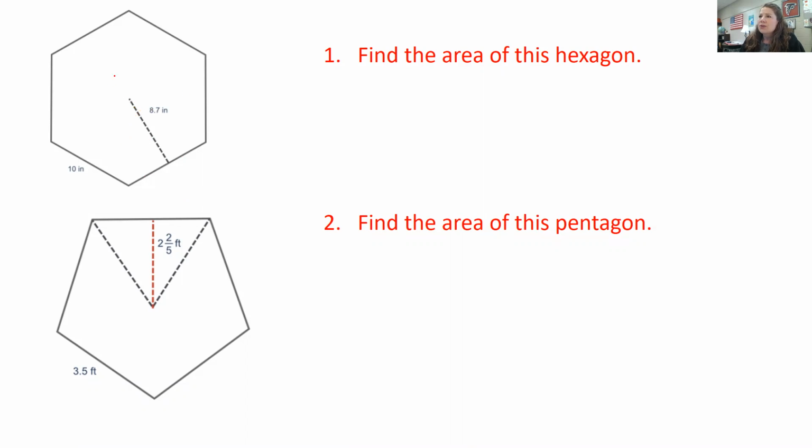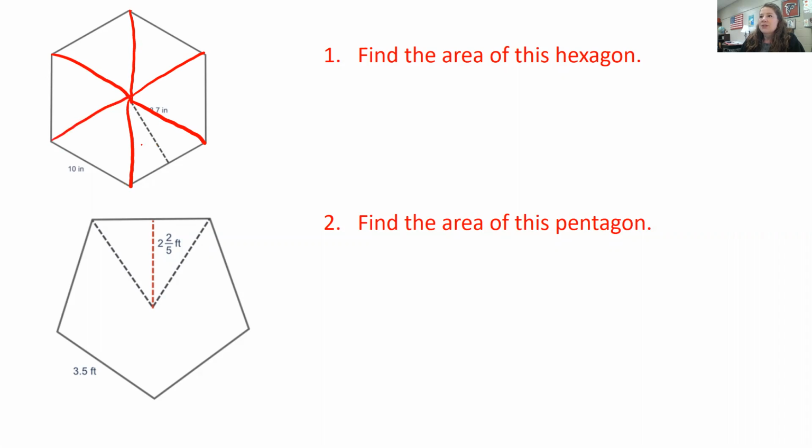All right, so what are we going to do with this hexagon? Since we don't know the formula to find the area of a hexagon, we're going to turn this hexagon into triangles. So I can make a triangle here, and then we're going to have 6 congruent triangles, right? And there we go.